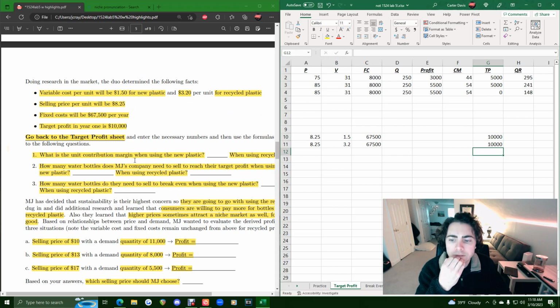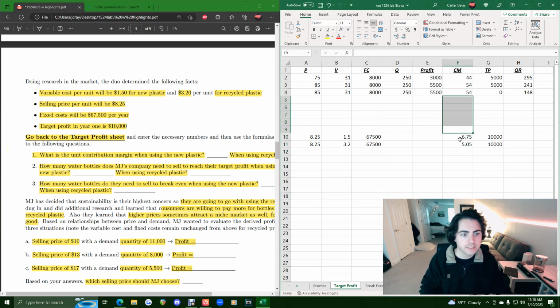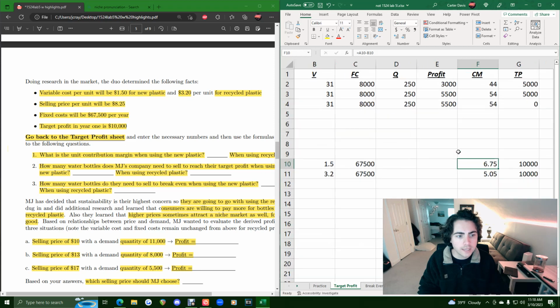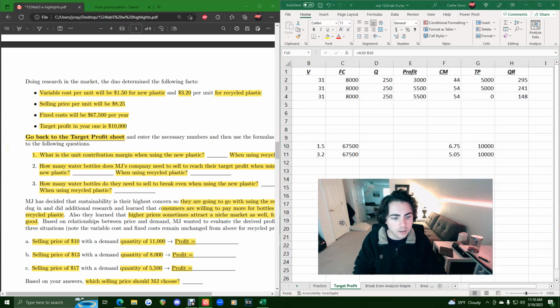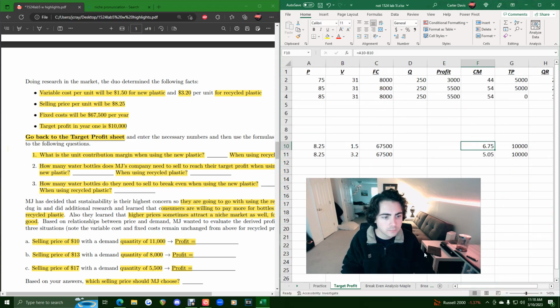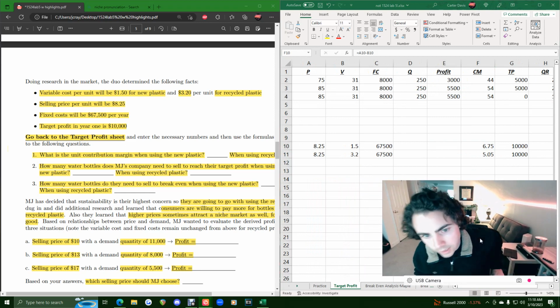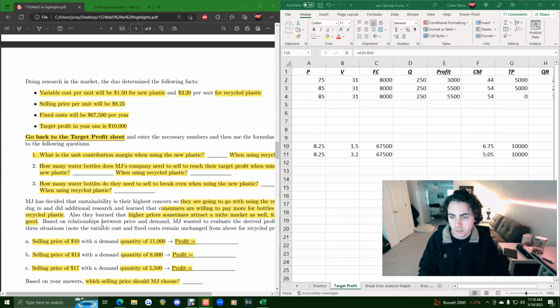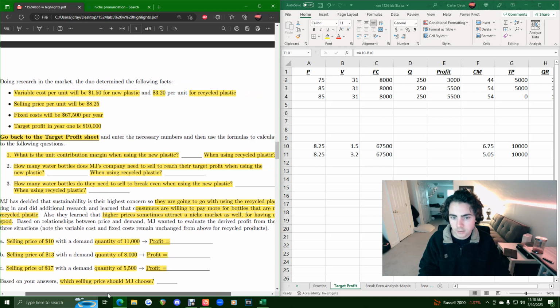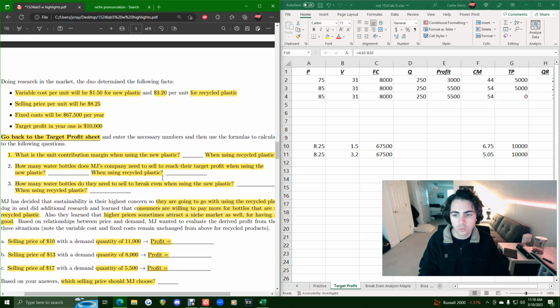Okay, is that everything we have? Yeah, okay. What's the unit contribution margin when using the new plastic? So you can just drag this down, I think. So $675 when using the new plastic and $505 when using the recycled plastic. How many water bottles do they need to sell to reach their target profit when using new plastic?